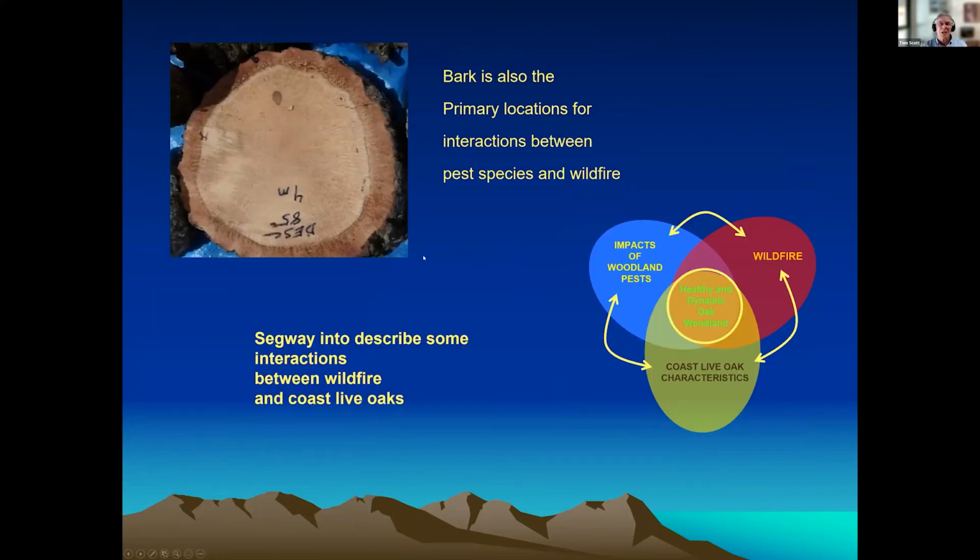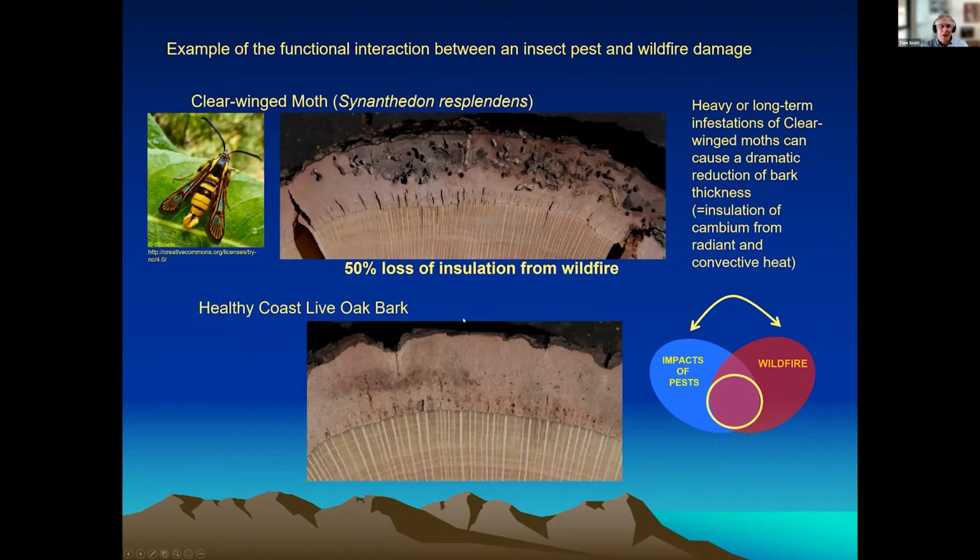So bark then becomes a place where you get a lot of action on the fire. There's a lot of things that take place. And also it seems to be the one place where there's a lot of overlap between pest species and wildfire. I was trying to think of what's the best one I could show you. I've talked about the importance of the thickness of this bark, but if you look at this clearwing moth's damage, this moth has basically taken a 2-inch or 3-inch thick bark and removed everything except the last 1.5 inches, in some cases even coming closer.